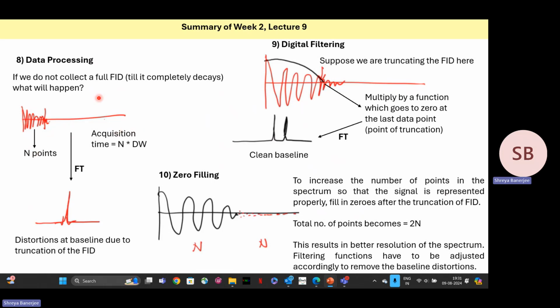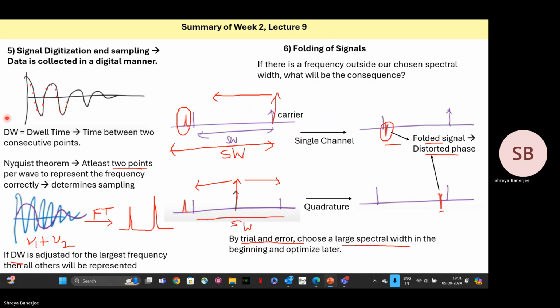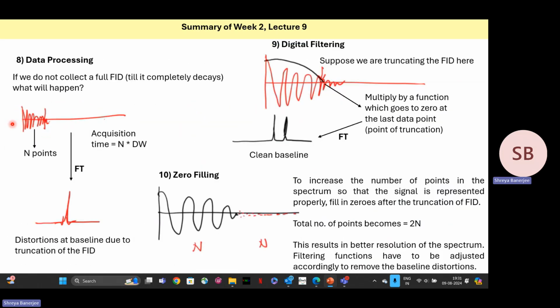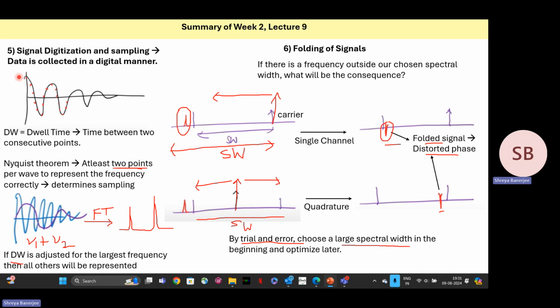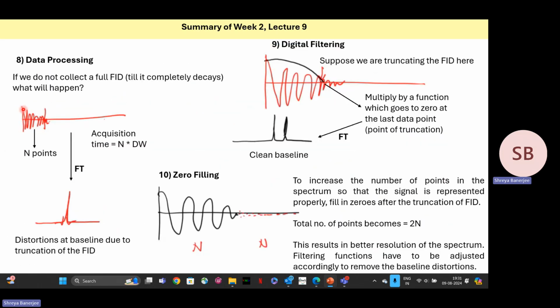We are collecting several points, and the time between the collection of consecutive points is the dwell time, or DW. So suppose in this FID, we have collected n points, and the time between each point is DW. So n into DW is the total time that it takes us to gather this FID.